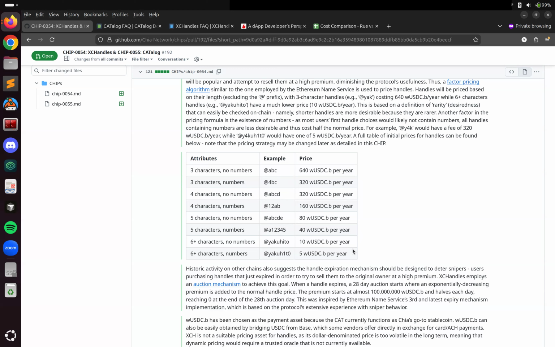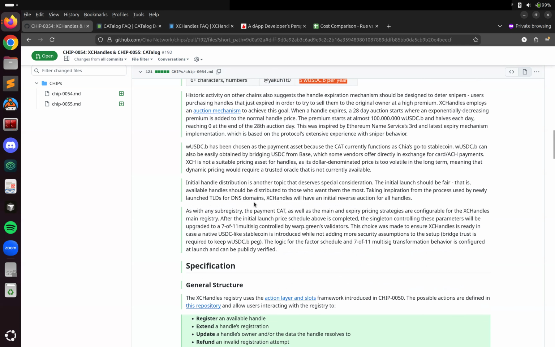Until after that, the launch ends and the price will remain there. And I think this pricing will remain so in the foreseeable future. Once again, if you have ideas about distribution or all this logic, please do reach out or leave comments in the CHIP. This is just the result of the feedback and research I've done so far, but as this is a CHIP, it's open for discussion.